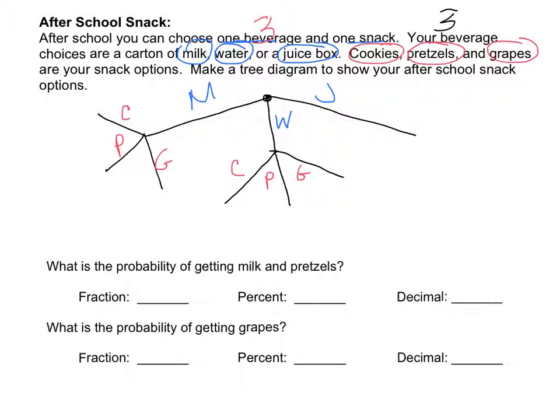And I could have also chosen the juice box and chosen cookies, pretzels, or grapes. And our last item is to draw our O's for outcomes at the end.